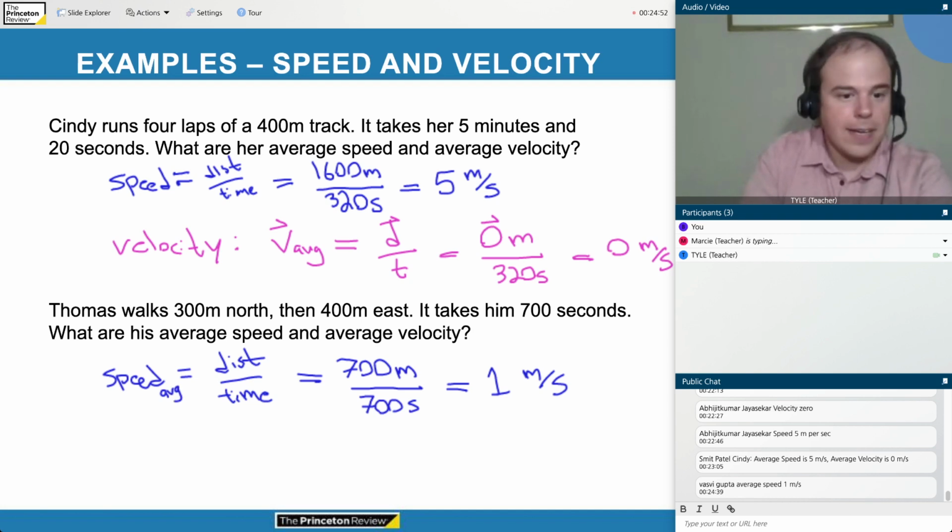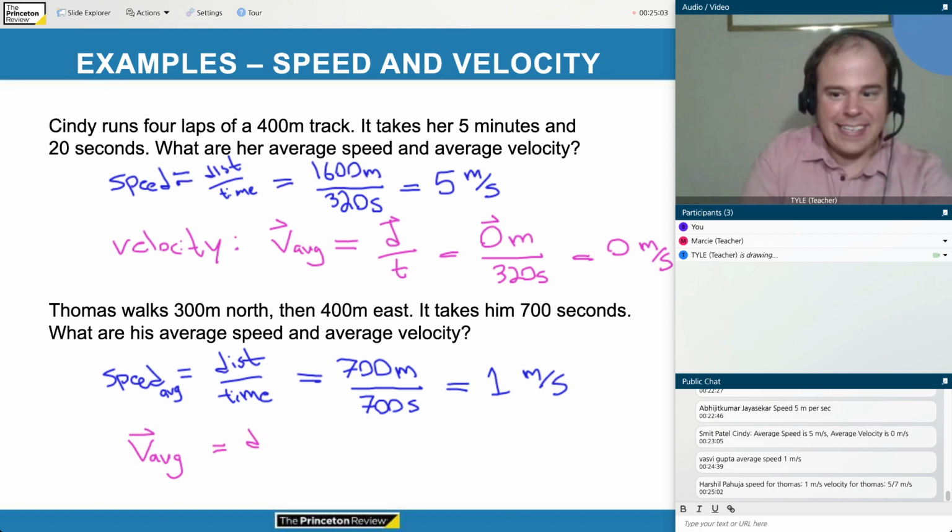Okay, this is an average. And then what about Thomas's average velocity? Okay, sticking with my color coding. So we have that the average velocity that Thomas is walking at is his displacement divided by time, right? Where displacement is a vector.